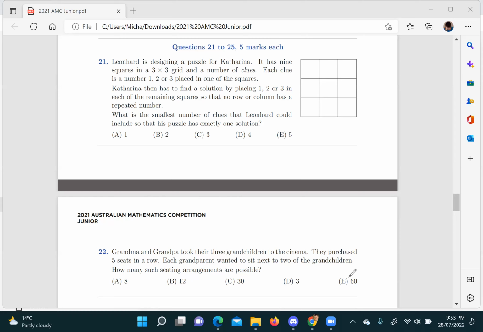Or if Leonard writes all of these numbers except for one, then Katarina has no choice but to put 1 there, because it has to be different than these two numbers. So the question is, how many numbers can Leonard fill in so that the rest of the squares are determined? If that makes sense.